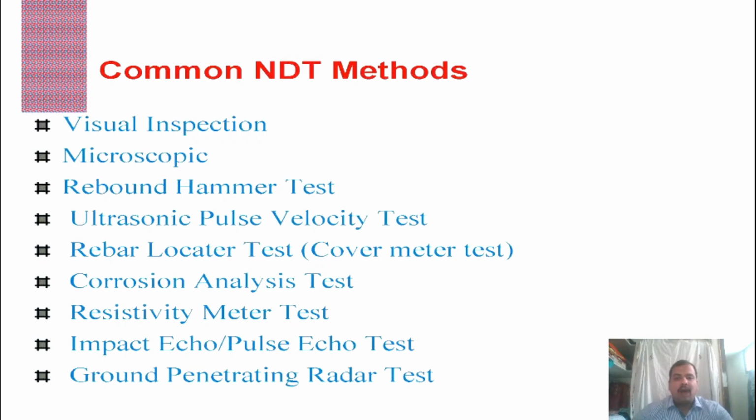Now, our most common NDT technique methods. The first is visual inspection.